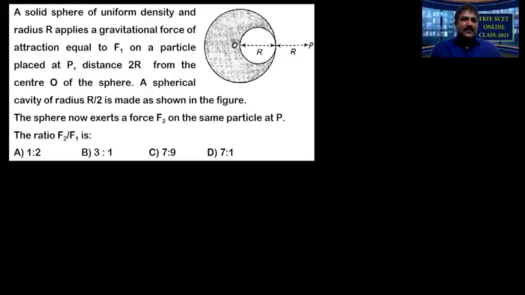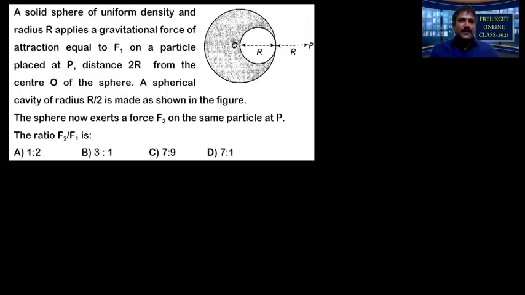A spherical cavity of radius R by 2 is made as shown in the figure. Here is a white patch, that is the spherical cavity made. The sphere now exerts a force F2 on the same particle. The ratio F2 by F1 is? Now look at the figure here.